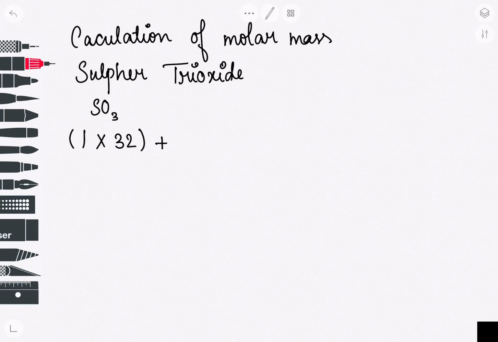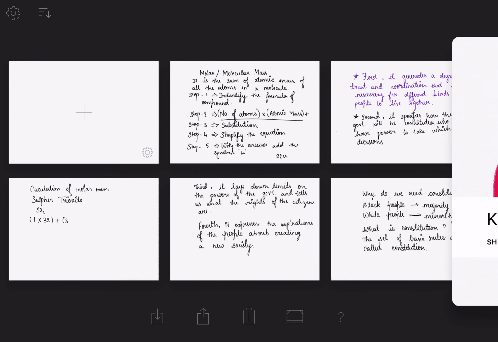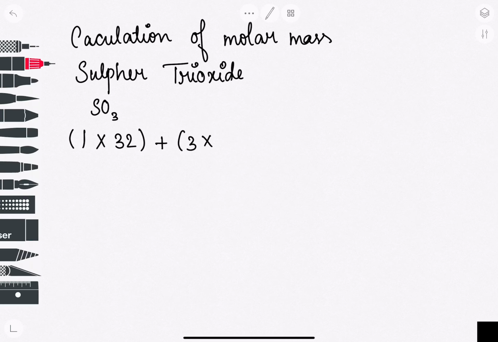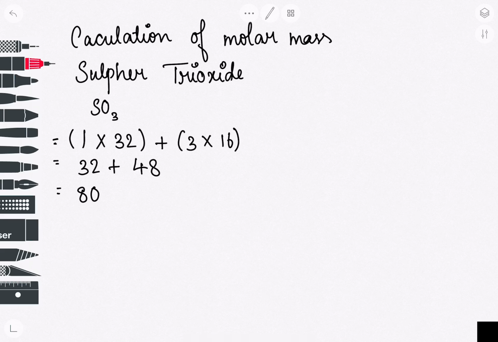Then I'm adding 3 atoms of oxygen, multiplied with 16 because the atomic mass of oxygen is 16. Now we simplify: 32 plus 48, since 16 into 3 is equal to 48, which is 80. At the last step, as I told you before, we add U.